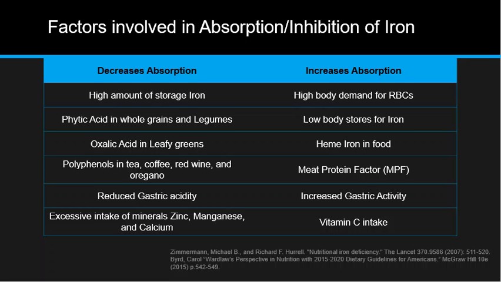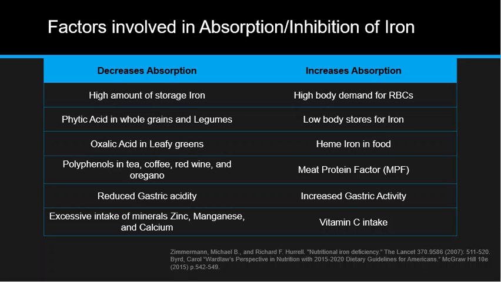Reduced gastric activity: the acid in the stomach is what actually helps facilitate going from the ferric ion, Fe3+, to the ferrous ion, which helps it to be absorbed greater. And so if you have a reduced gastric activity, then that's going to inhibit that. And as we talked about a little bit, excessive intake of those minerals, zinc, magnesium, calcium, will prevent the absorption of iron.